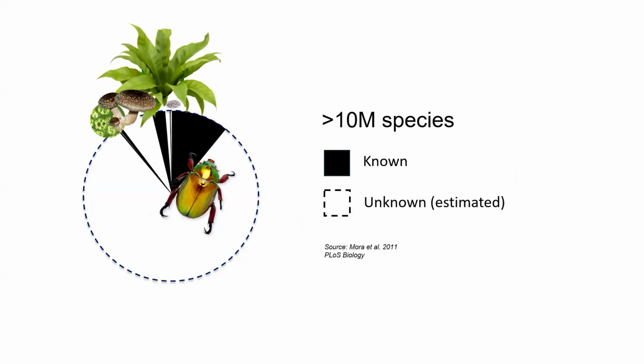Here, for animals and plants and protozoa and fungi and algae and what have we, the black parts are the fractions that we think we know, and the white parts are the parts that we can be fairly certain are still missing.